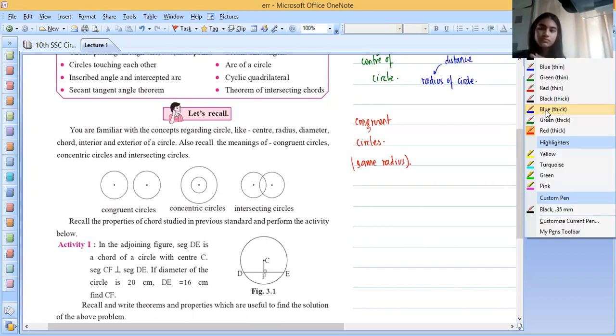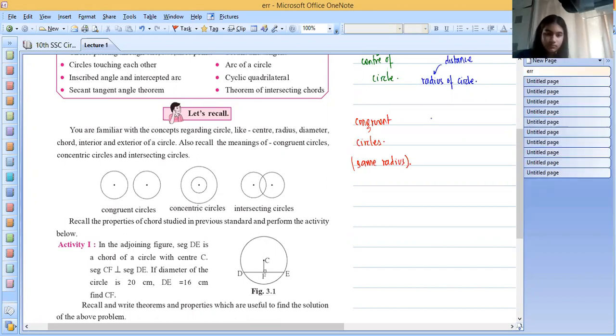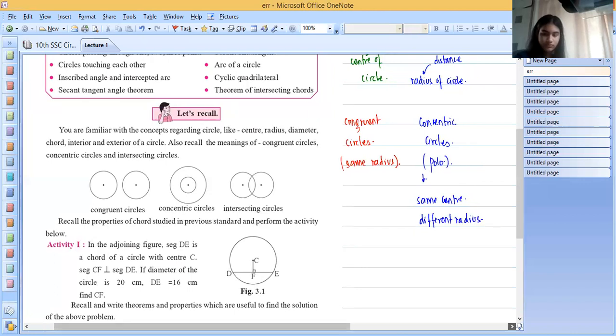If we talk about concentric circles, then we can think of a polo mint with the hole. They have the same center but different radius.